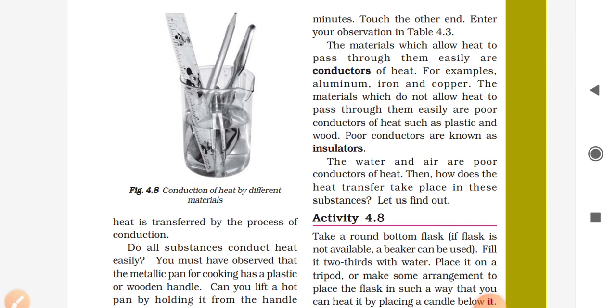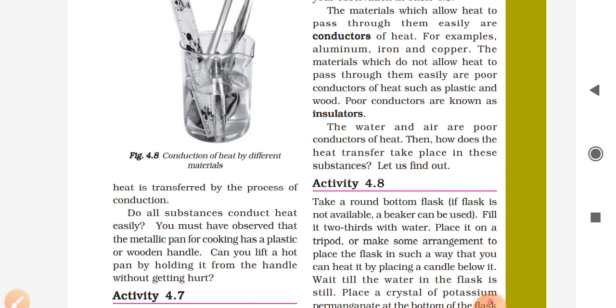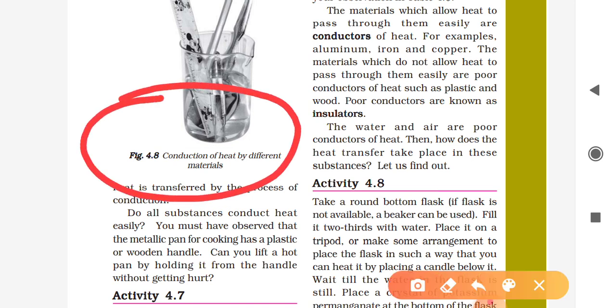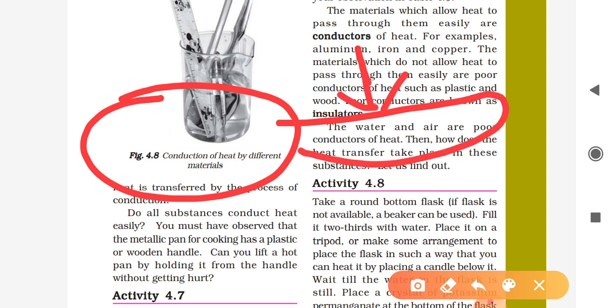Do all the substances conduct heat easily? You must have observed that a metallic cooking pan has a plastic or wooden handle. You may have this kind of pans at your home. This is a cooking pan, and it has this kind of wooden or plastic handle.